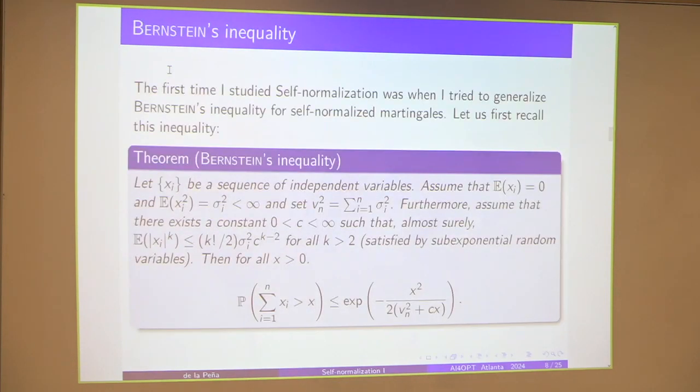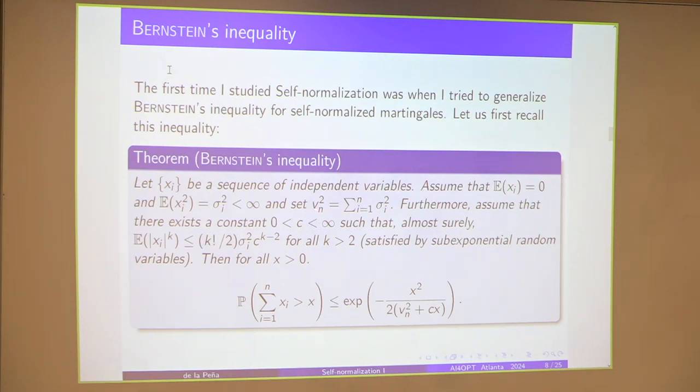Okay, so Bernstein's inequality. Most of the exponential inequalities that we know are based on Markov's inequality and exponential bounds. So in particular this one: you have a sequence of independent variables, and you assume that they have mean zero and variance sigma squared.